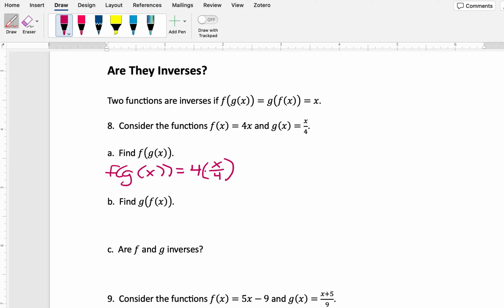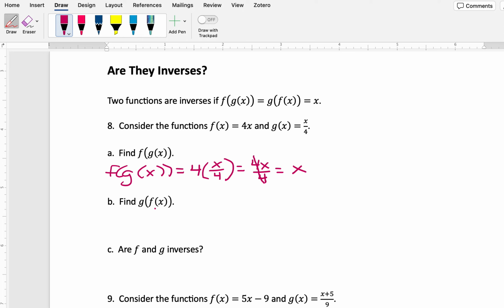So what we have is 4 times x divided by 4. We could also write that as 4x divided by 4. And what's going to happen with the 4's is that they're going to cancel out, and we're left with just x.